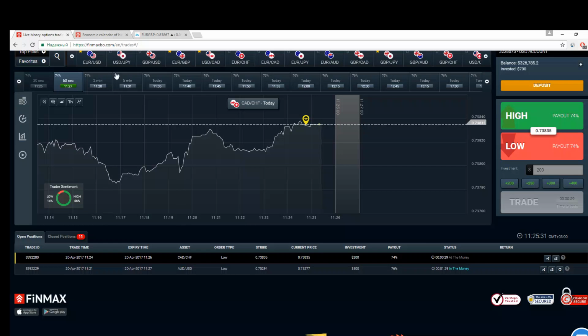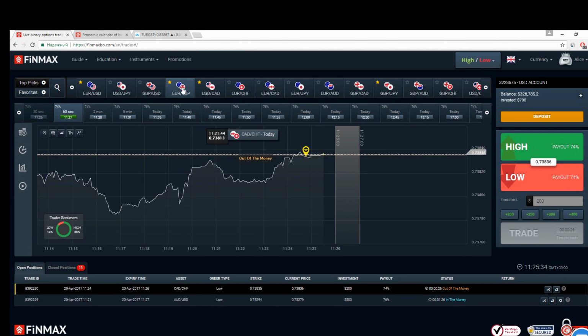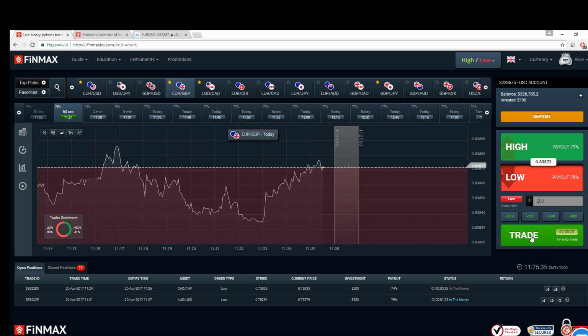Euro to British pound also an interesting case. Will enter for low.